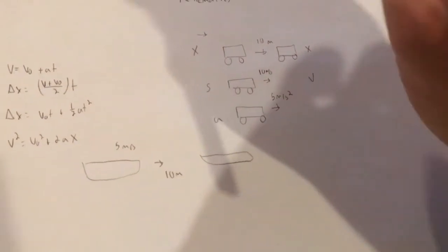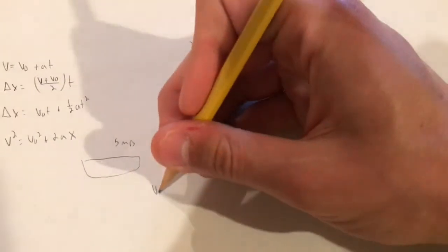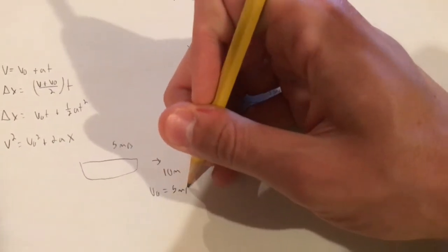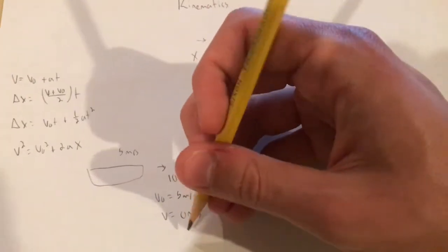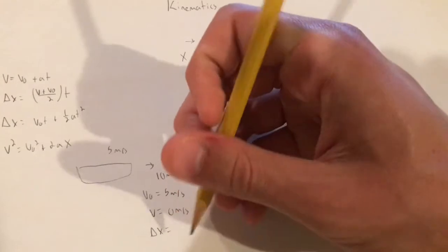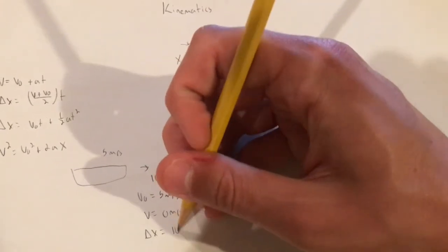Let's start off with our knowns. One of the first things in any physics problem is to write down what you know so you can attempt from there. We know that our initial velocity is 5 meters per second. We know our final velocity is 0 meters per second as it stopped, and that the displacement, or the change in position, is 10 meters.